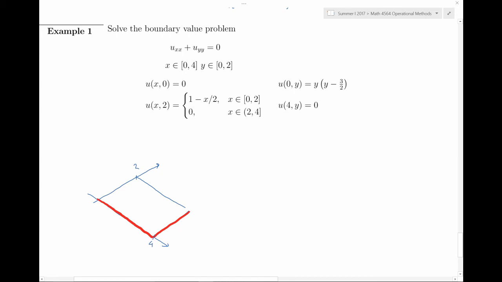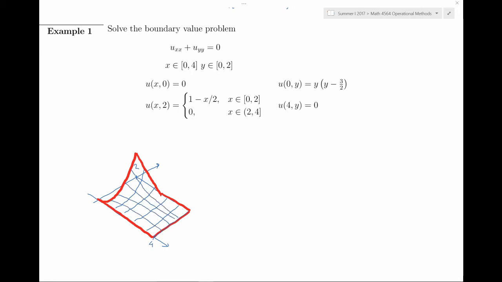When x equals 0, I have a parabolic boundary that looks like that. It's a parabola that goes to value 1. And then when y equals 2, I have a piecewise linear function. Up to 2, this function goes down as a linear function, and then after 2 continues as a 0 function. This is how a solution will probably look like.